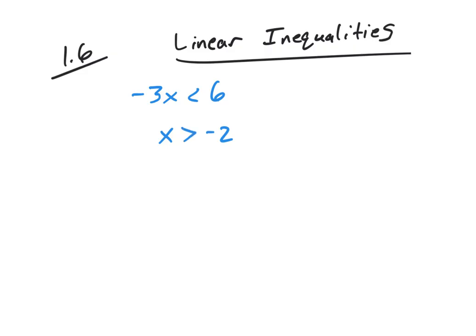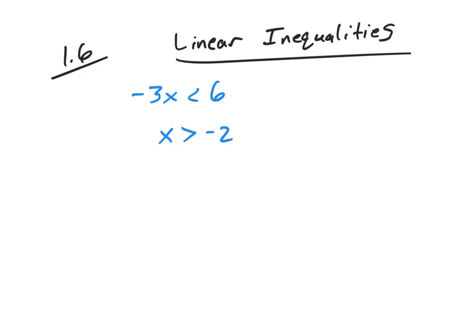The reason we flip the sign is because I want this inequality to be true. Yesterday we got an answer of x equals -2. That was the only thing that worked. Well, today we're saying anything bigger than -2 is going to work. If I don't flip my sign, it's not going to work.